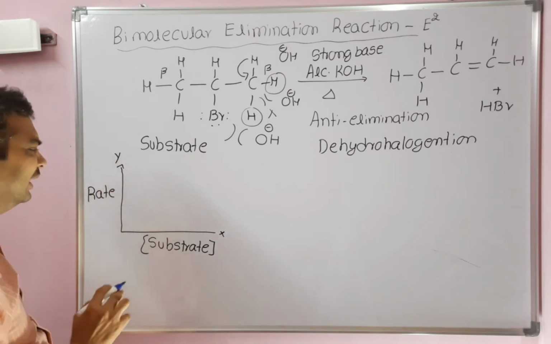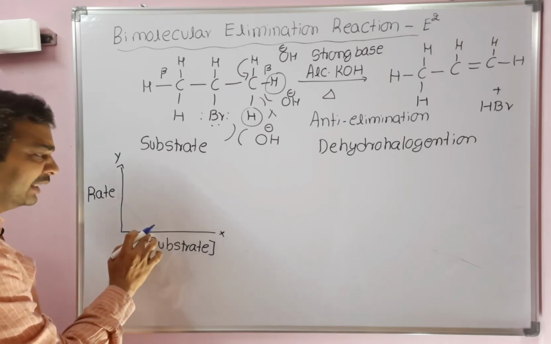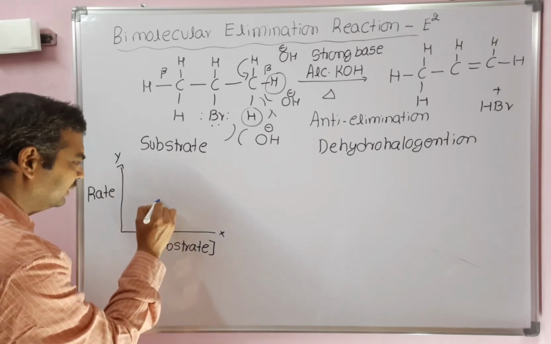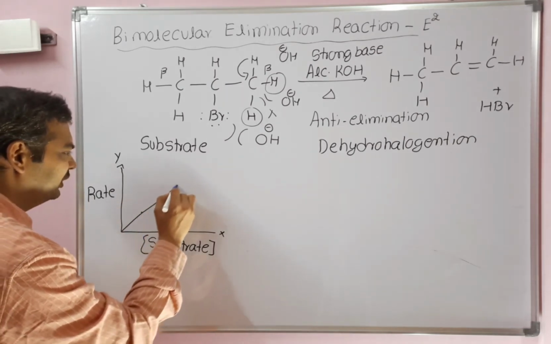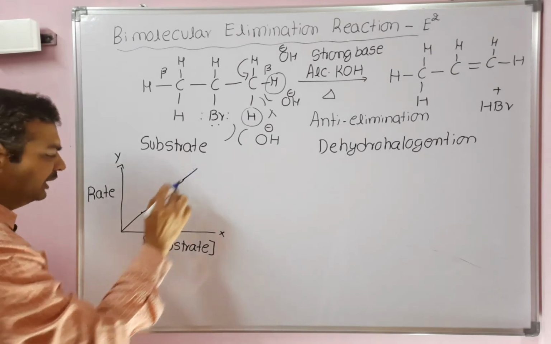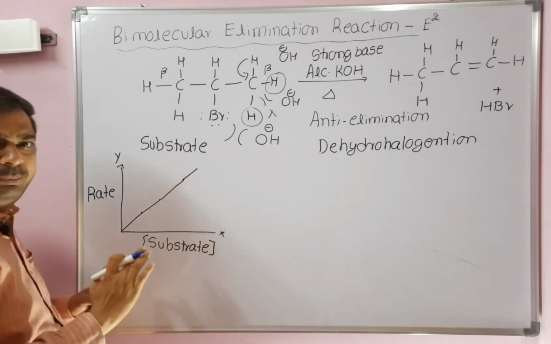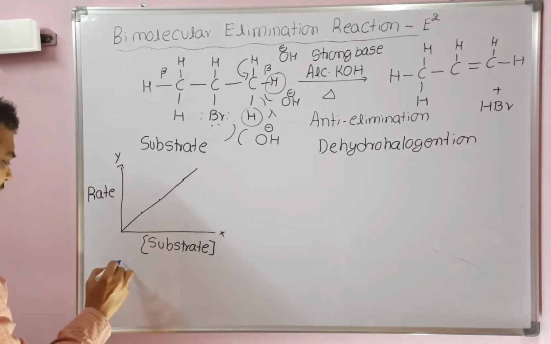From the experimental data, if substrate concentration increases, rate will increase. So it is like this. That means rate is directly proportional to the concentration of the substrate.